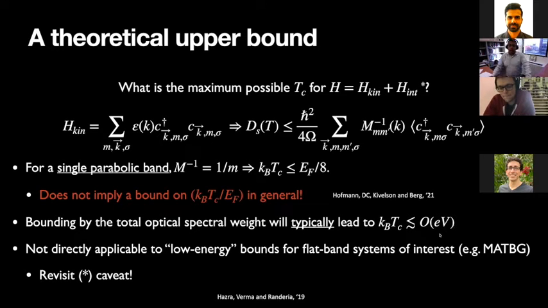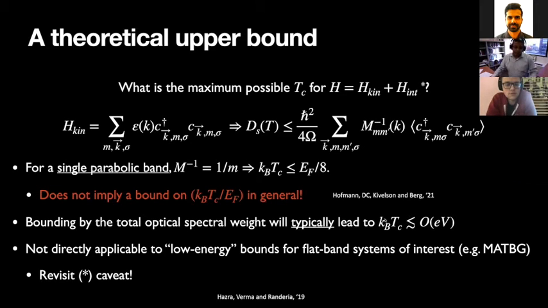Moreover, if I wanted to apply this formalism directly to the problem of magic angle graphene, I can't do that directly, and that's what I mean by this not being directly applicable to low energy bounds for various flat band systems of interest. Where this runs into trouble is that the approximation, where the interaction term does not couple to the external vector potential, is no longer the case. I will revisit this later on.